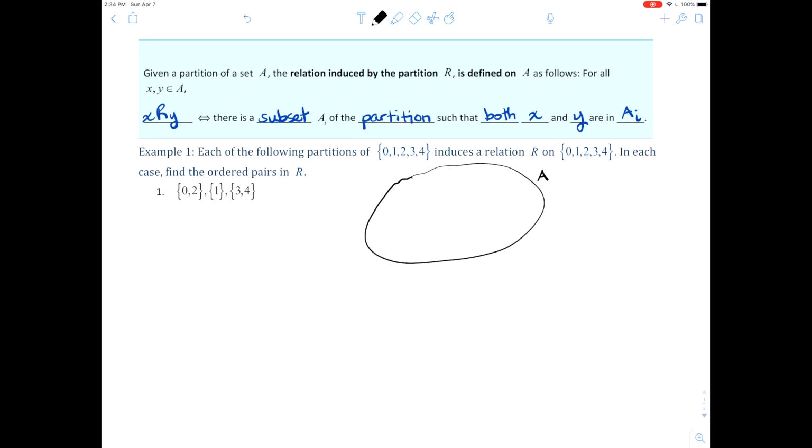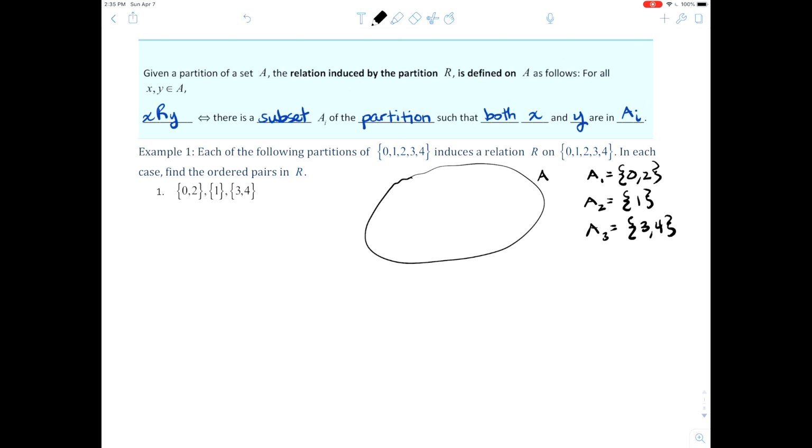If we call A1 equal to this subset {0, 2}, A2 equal to the subset {1}, and then A3 equal to the subset of A which contains 3 and 4, right? Now, you don't have to break them up like this, but to explain the big picture, I am doing so for you. So let's take a look.